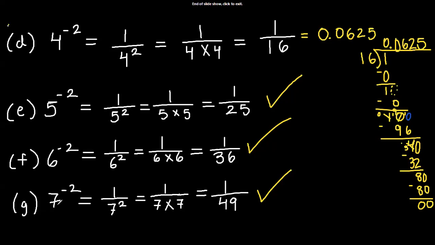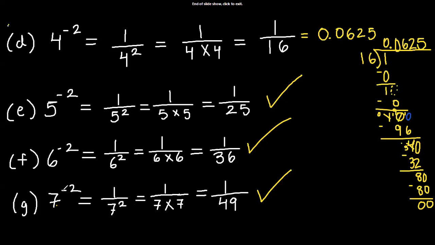What do we do? First you put 1/7 to the power of 2, so we flip it, right? And we flip it because of the negative 2, the negative sign.